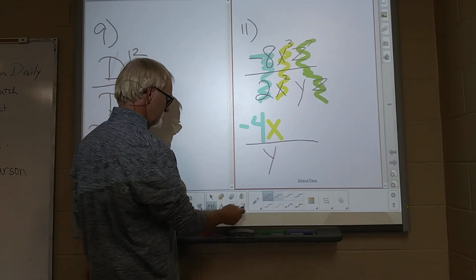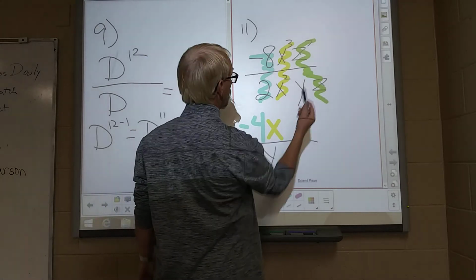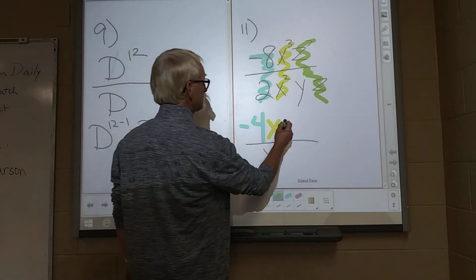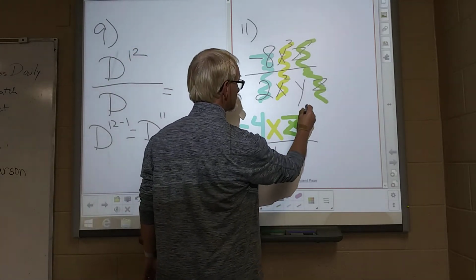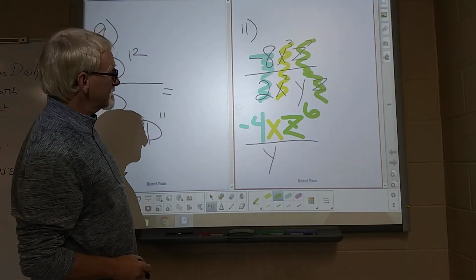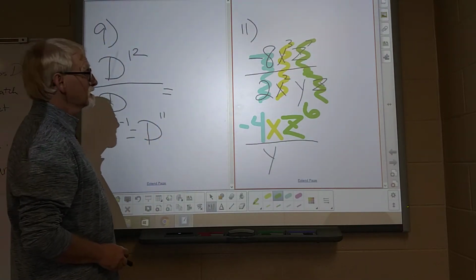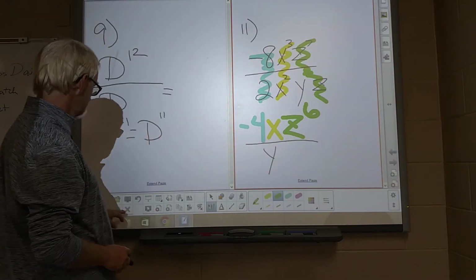And then z to the 7 minus 1 is going to be z to the 6th, and it'll be on the top. So if you get a negative, or there's nothing there, you leave it where it was originally.